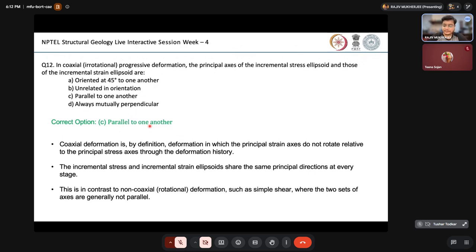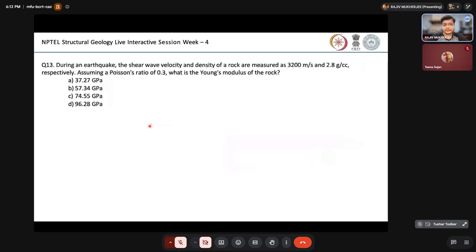Okay. So this is a numerical question. During an earthquake, the shear wave velocity and density of a rock are measured as 3200 meters per second and 2.8 grams per cc, respectively.